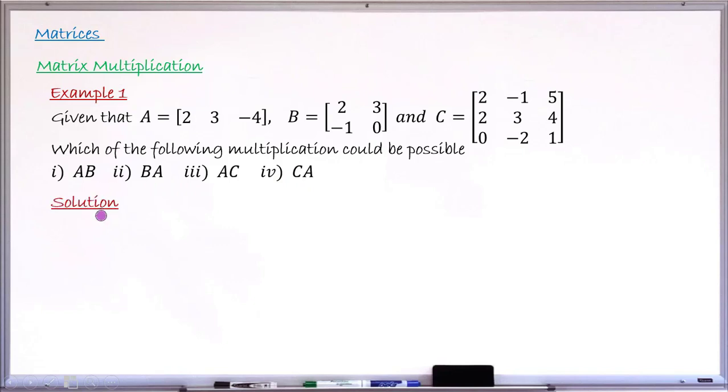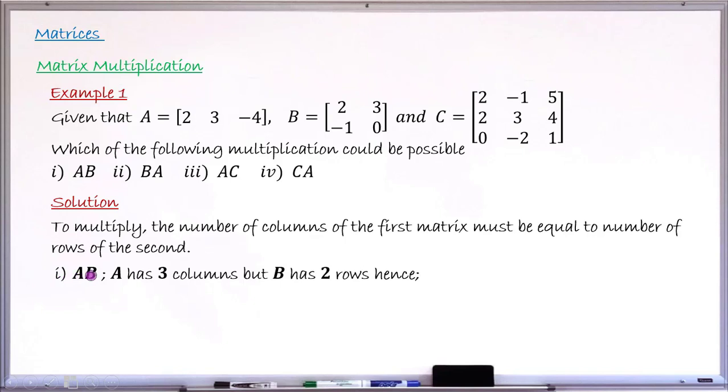What we simply do to find the answer is remember that very condition. The condition says, to multiply two matrices, the number of columns of the first matrix must be equal to the number of rows in the second matrix. So for the multiplication of A and B, A will be your first matrix and B will be your second matrix.